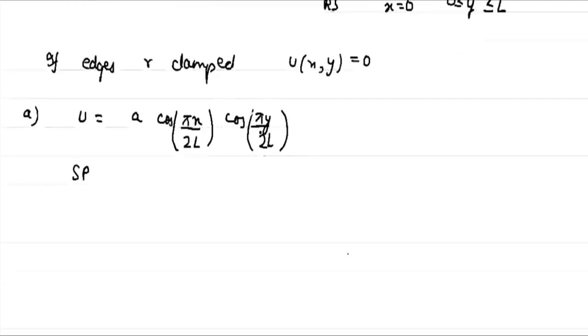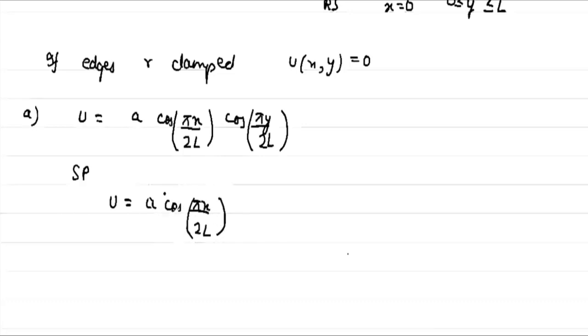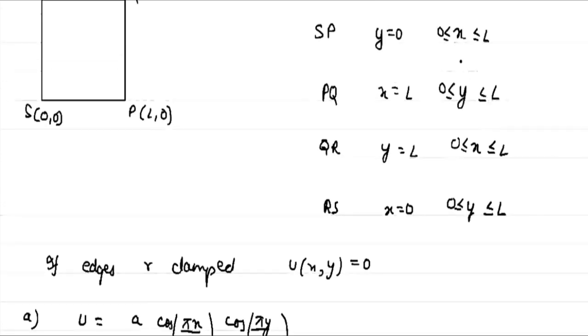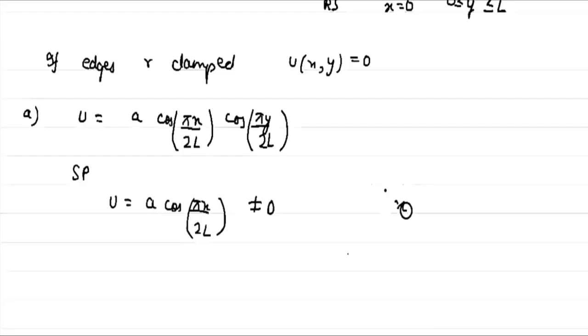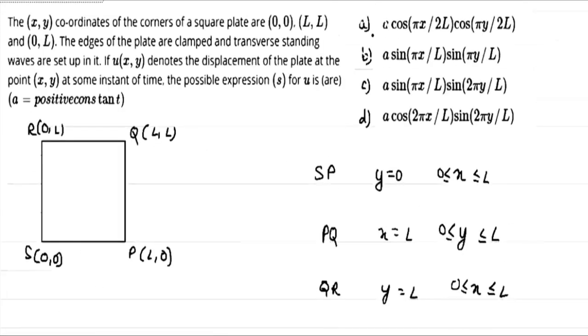If you put y as 0 into this expression, then u would turn out to be A cos(pi x over 2L). Now this would not be 0, because this factor would not be 0 as x varies from 0 to L. It would not be 0 for each value of x. So we say that this is not equal to 0 for x varying from 0 to L. So this cannot be our option.